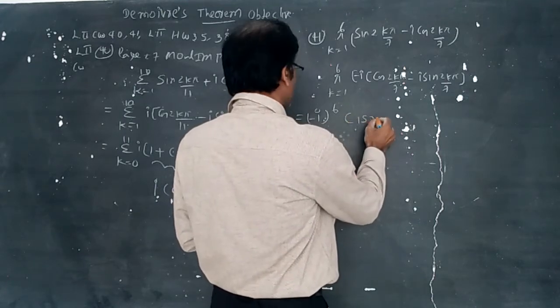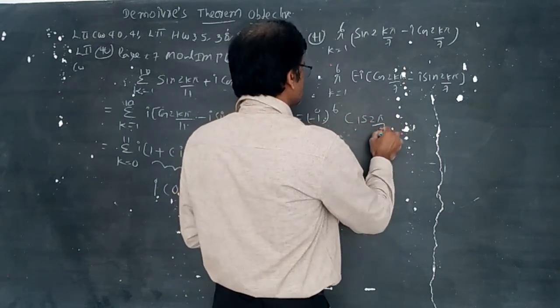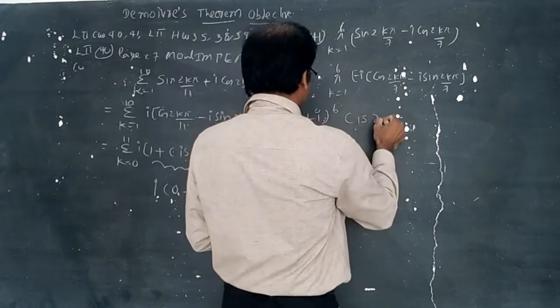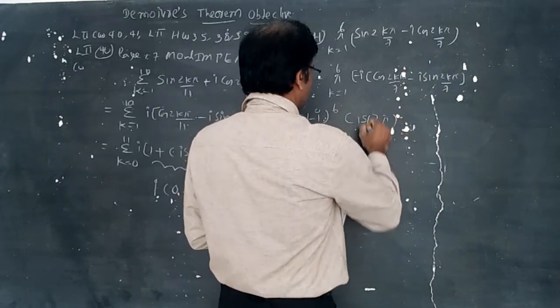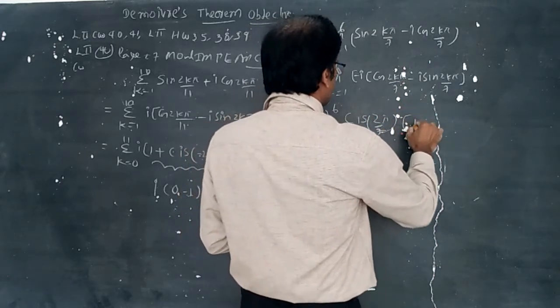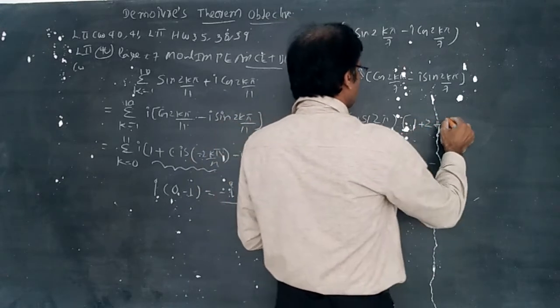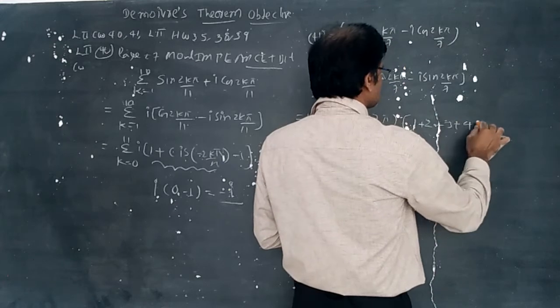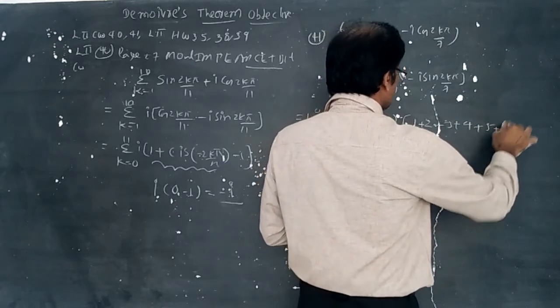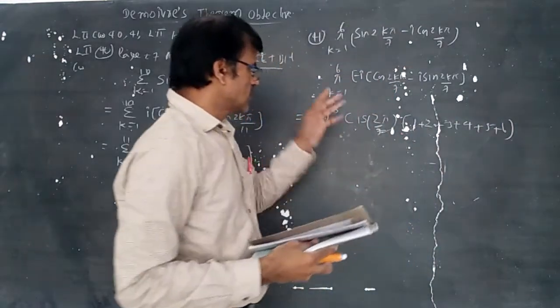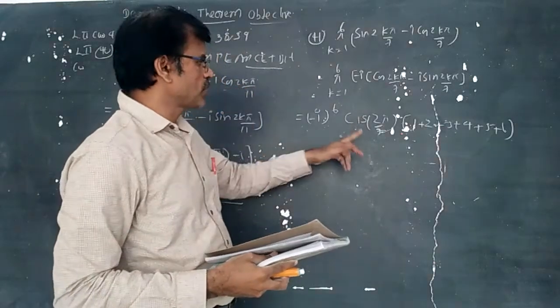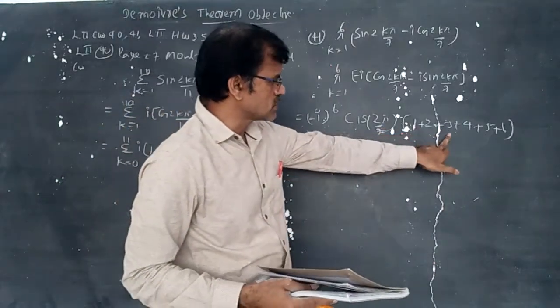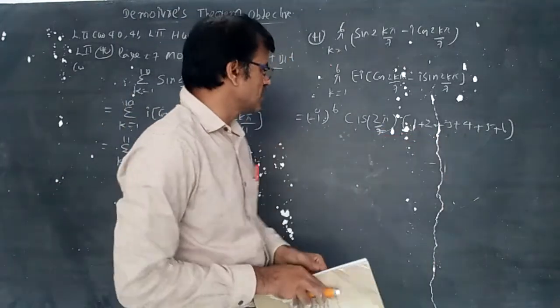The product of cis becomes cis of minus 2π/7 into the sum 1 plus 2 plus 3 plus 4 plus 5 plus 6, which is 21.